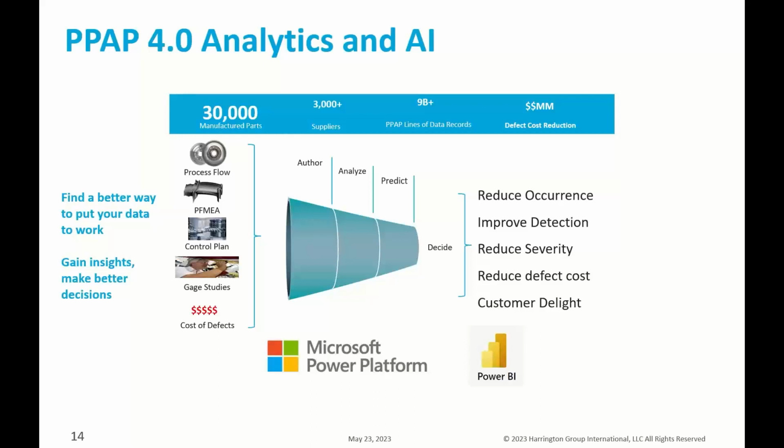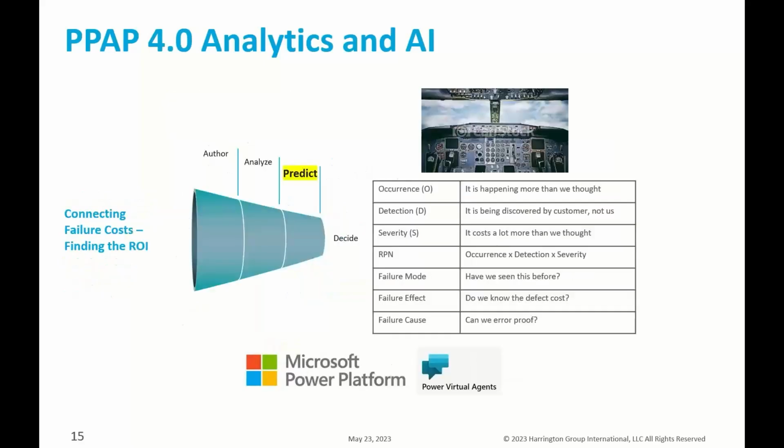The right side of the FMEA. We did this. Did it reduce the RPN? Did it reduce the risk? And where it really hits on this slide is that cost of defects. When we connect failure costs to what we put in the FMEA and these documents, that's where we start to see, are we getting the return on the PPAP submission?